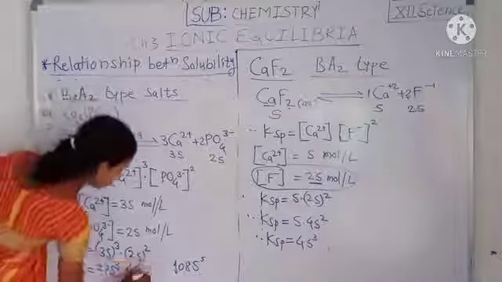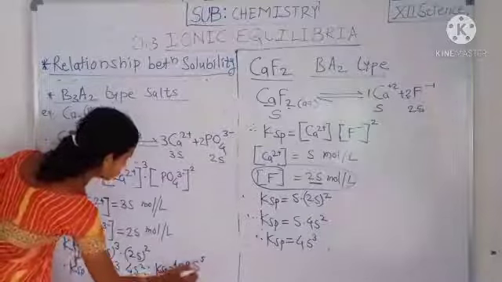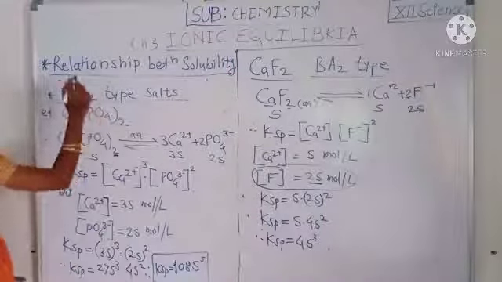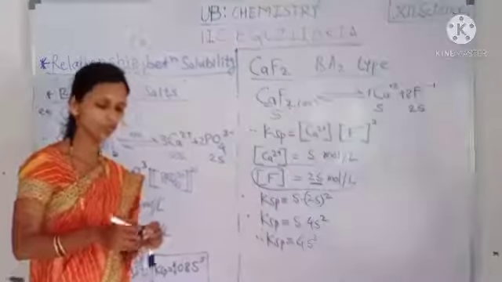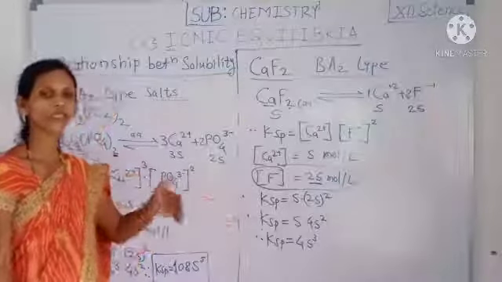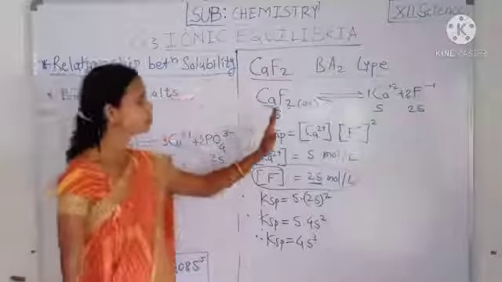So Ksp is equal to 108S raised to 5 for B3A2 type salt. That is a few examples of the relationship between solubility and solubility product of different types of sparingly soluble salts.